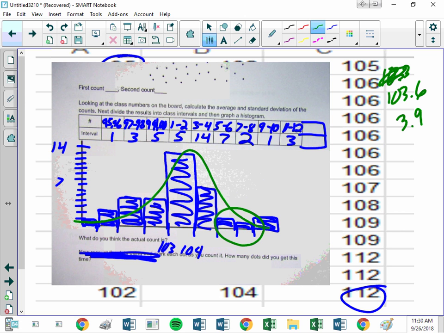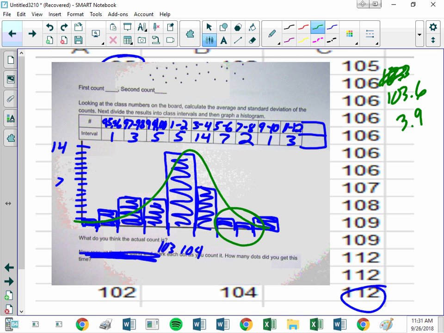So, having more people, a larger data set, actually helps. Our data set is pretty small, 42, and you can see it doesn't follow the normal curve very well. And maybe you guys are just particularly bad at counting. I don't know. But if you have more and more people do this, then your histogram will look more and more like the normal curve.